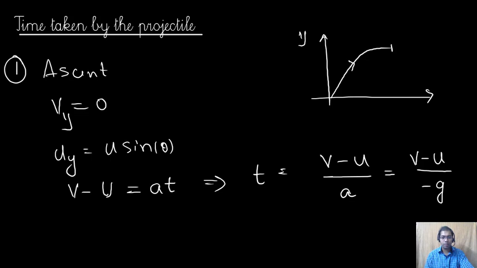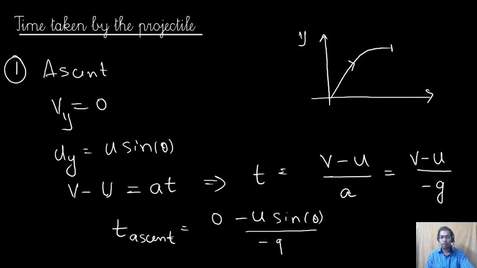So if I substitute, the total time taken for ascent will be equal to Vy is 0, U is going to be minus u sine of theta, divided by minus g, which I get as u sine of theta by g.